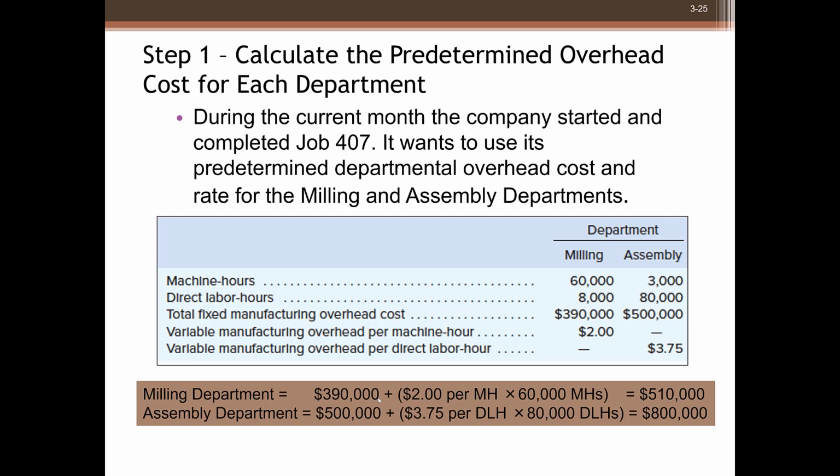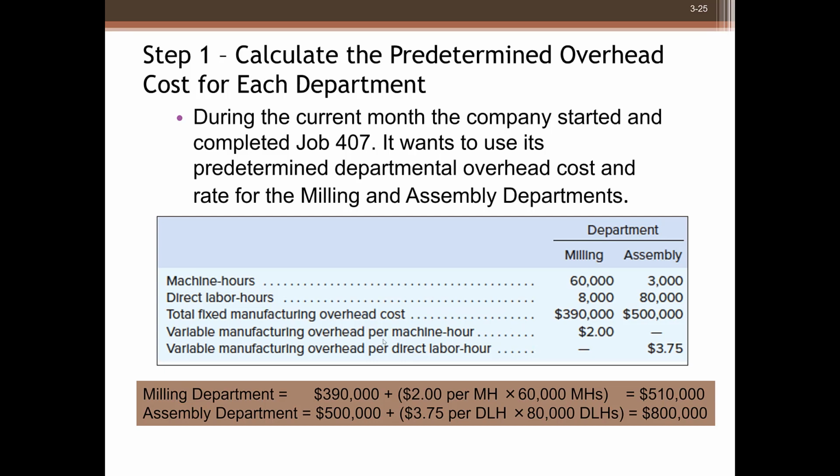Now we will calculate estimated manufacturing overhead, the numerator of the formula. Let's first take a look at the milling department. Follow the equation y equals a plus bx. A is the fixed manufacturing overhead cost. For the milling department, 390,000. Plus bx.